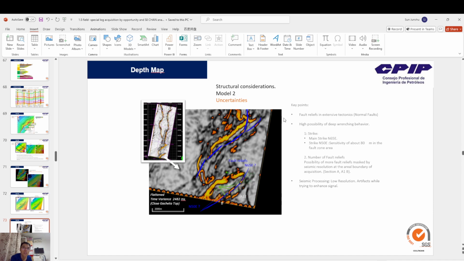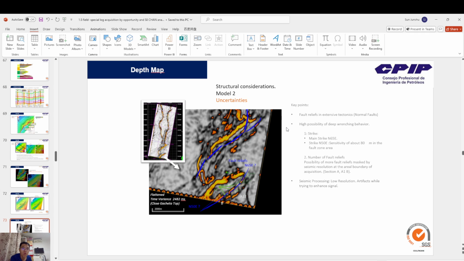Uncertainties include fault reliefs in extension textures, normal fault, high possibility of deep ranging behavior. First, strike: mean strike in the 965E, strike near M50E, sensitivity of about 80 meters in fault zone area.